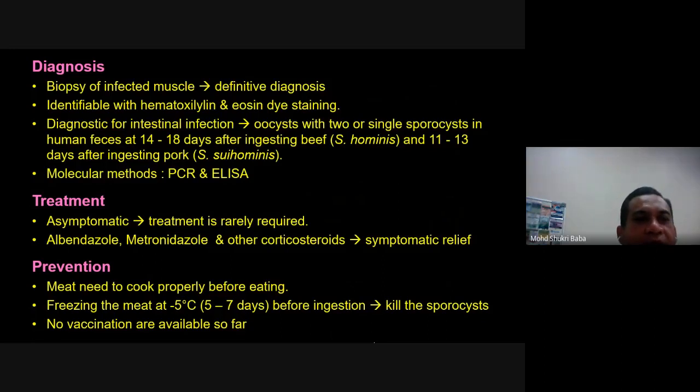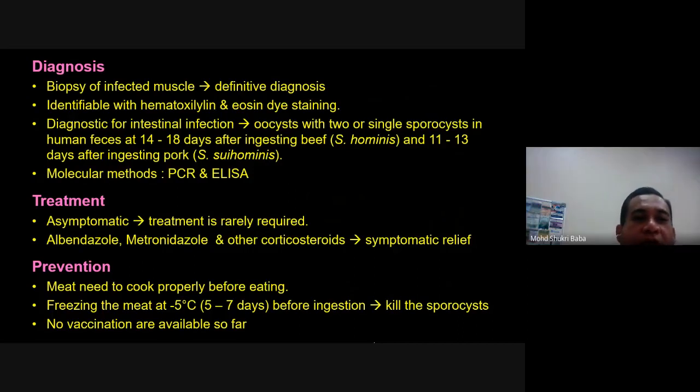Okay, diagnosis, biopsy of infected muscle, definitive diagnosis. And then you can identify with hematoxylin and eosin staining. Ini adalah perlu dilakukan proses histology.